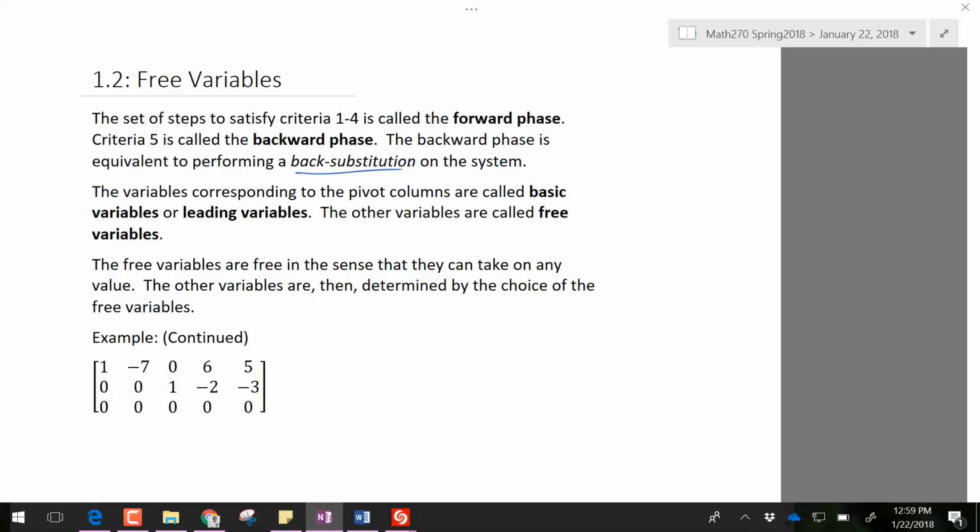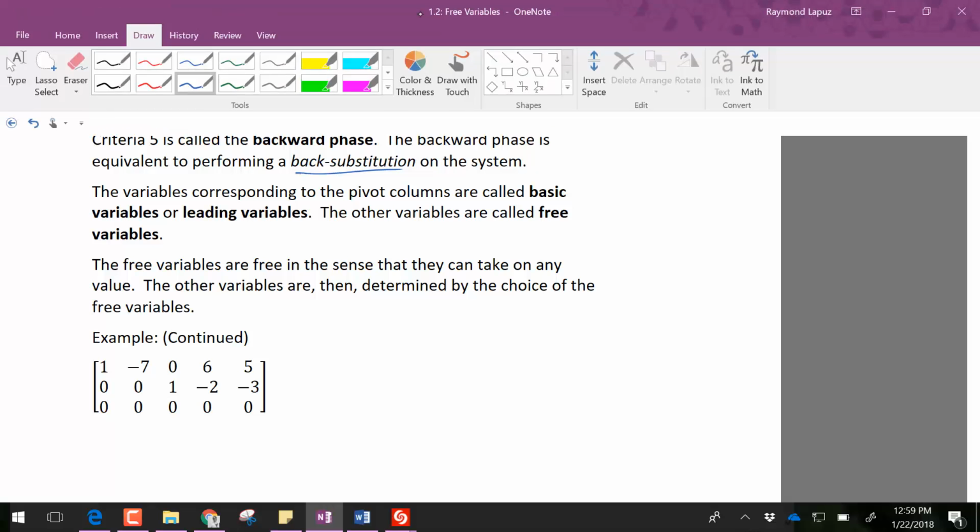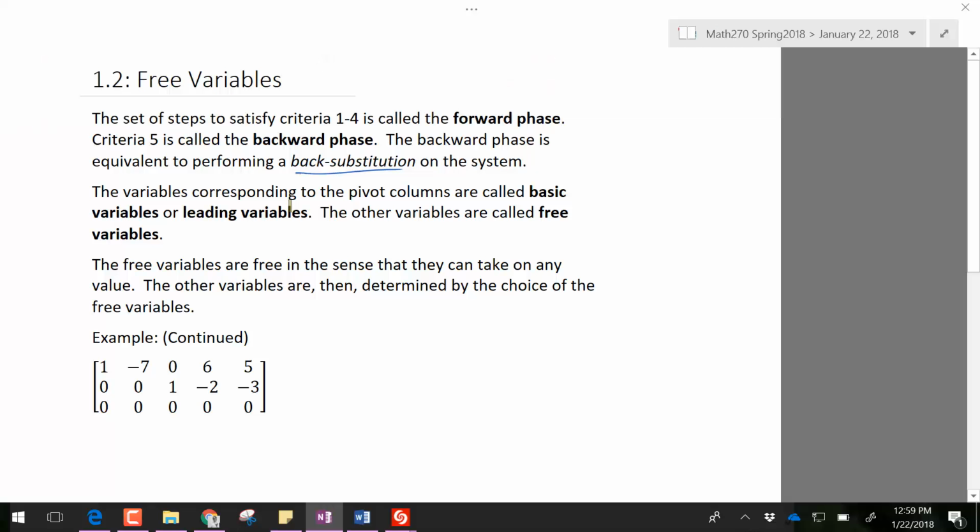What I do want to highlight is the idea of a free variable, which we'll be using a lot. So the variables corresponding to the pivot columns are called the basic variables or leading variables, and the other variables are called free variables. So the leading variables give us information about the particular variables that we're solving for.